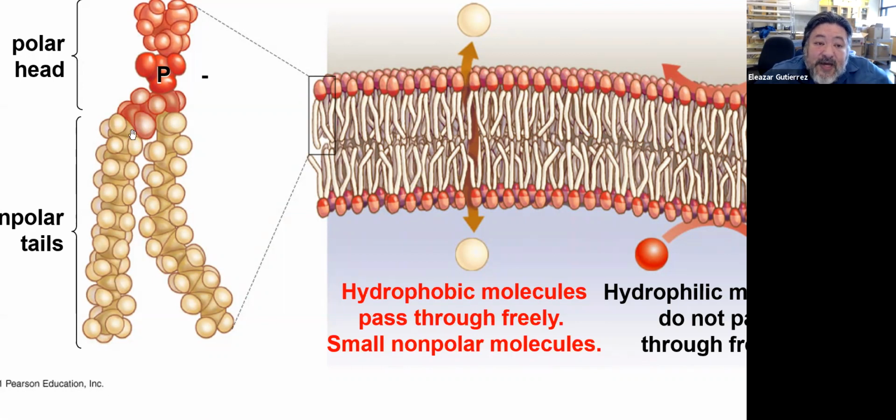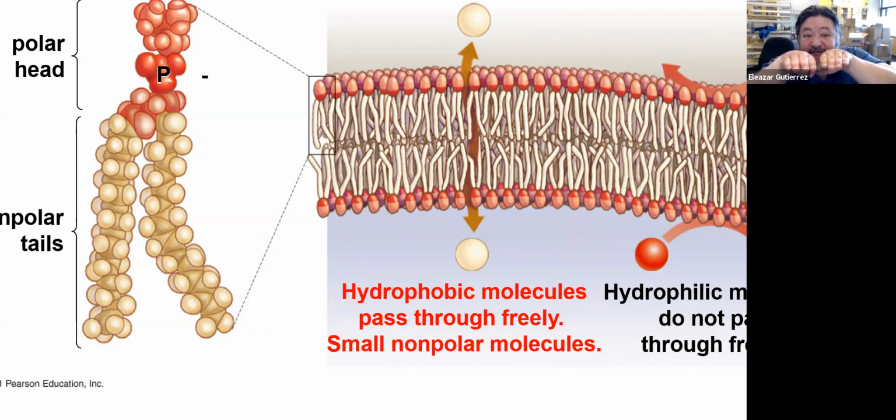So if you have a whole bunch of phospholipids that are all saturated, what happens? The tails start sticking together. Do we want that? No. By definition, the plasma membrane is supposed to be fluid. It's supposed to be dynamic.